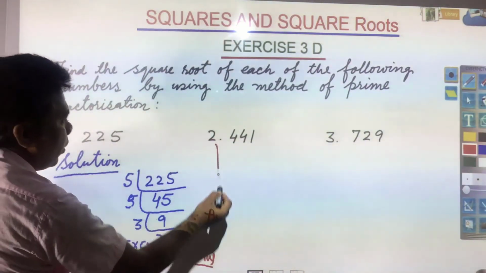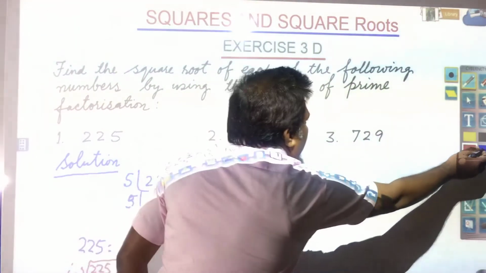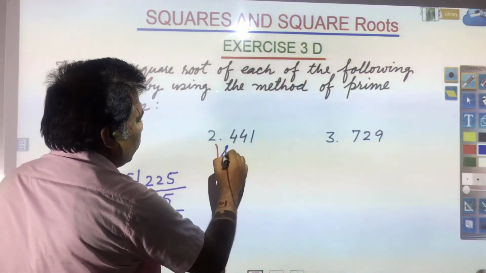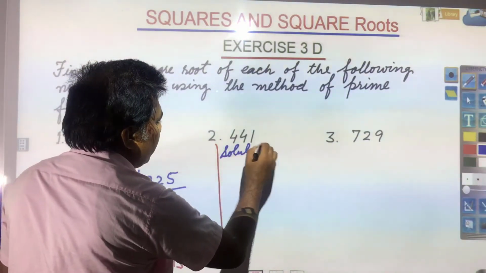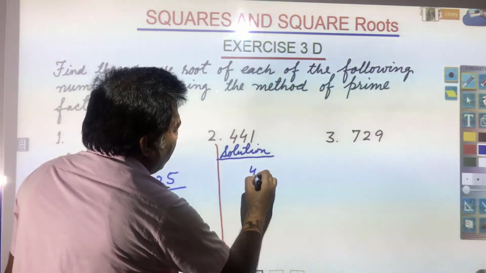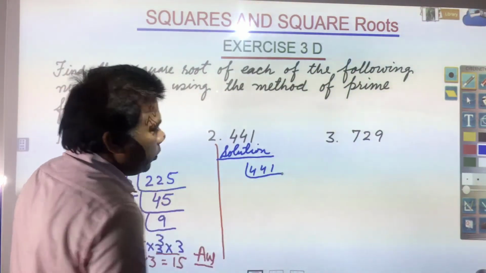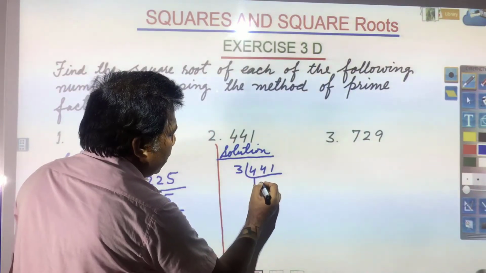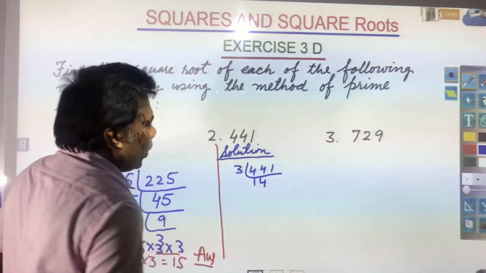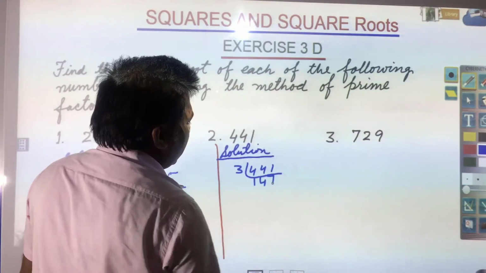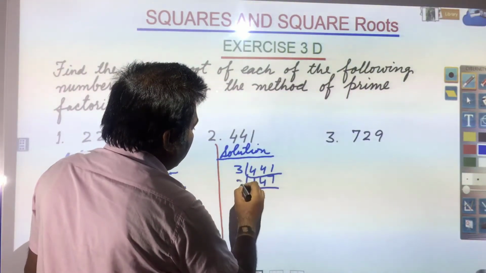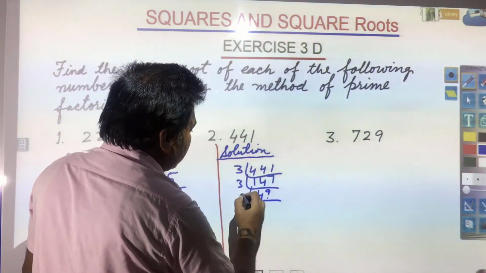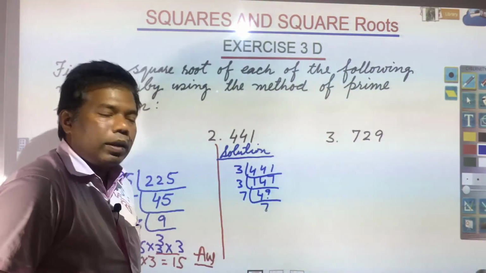Next question you see, you have 441. In the same way we need to do 441, by which number it will be divisible? By 3. 3 1s are 3, 3 4s are 12 and 3 7s are 21. Then 3 4s are 12, 3 9s are 27 and 7 7s are 49.